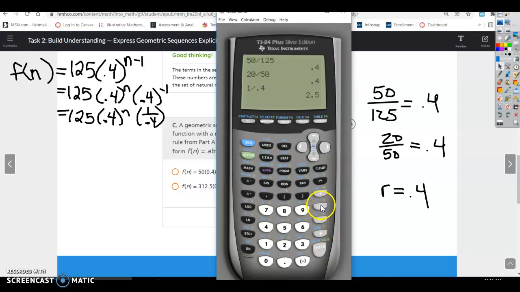So 2.5 times 125 is 312.5. So if I multiply this number here times this number, because I don't have an exponent or a variable now, I can multiply those together, and I get 312.5 times 0.4 to the n power.